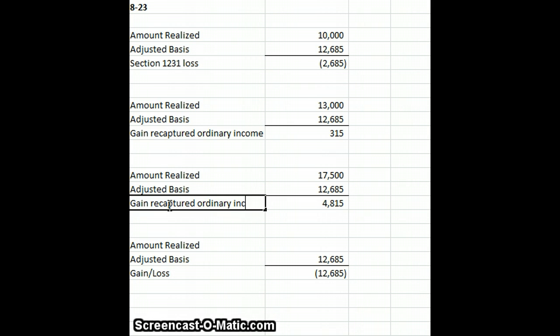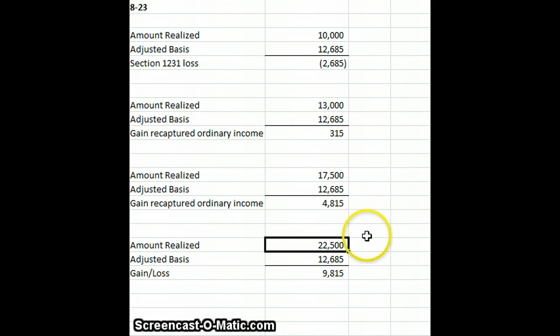Remember, our gain is going to be classified as ordinary income until we recapture the full amount of depreciation that we had taken, which we're going to see happens in case D, where we have realized a price of $22,500 subtracted from our adjusted basis of $12,685.